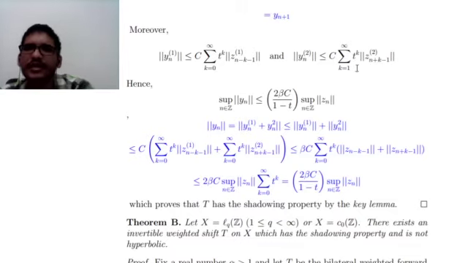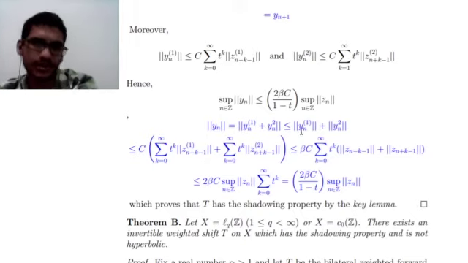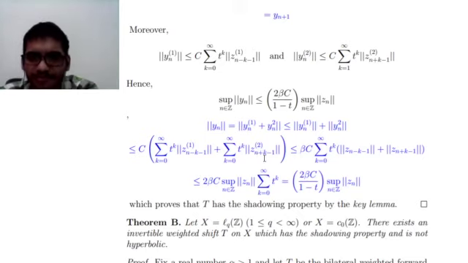I add a zero term only to be able to add the two sequences without any problems. But these are positive terms, so there is no problem. So you take out the c, and then you apply the first inequality that we get.